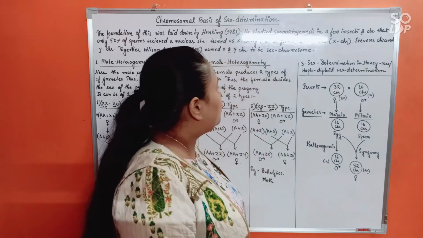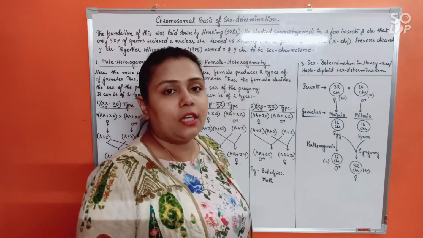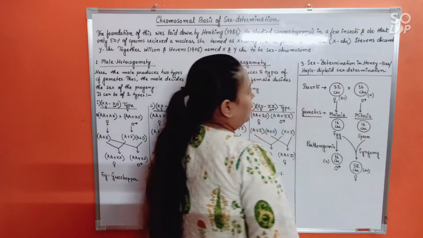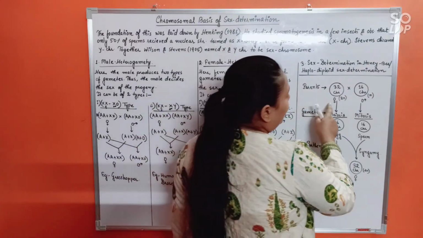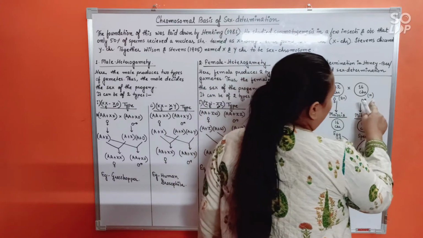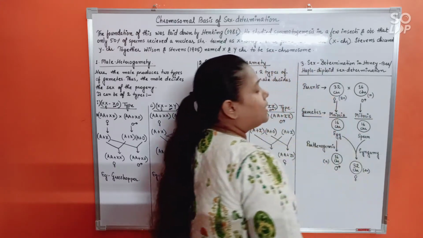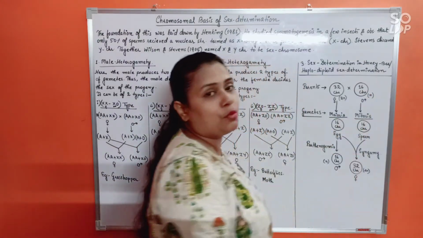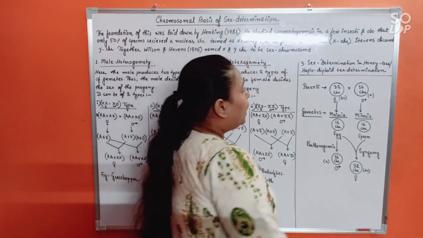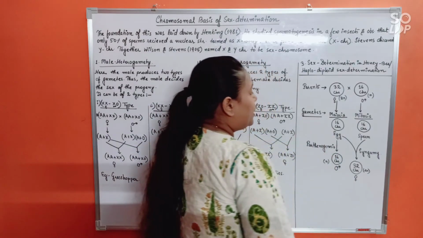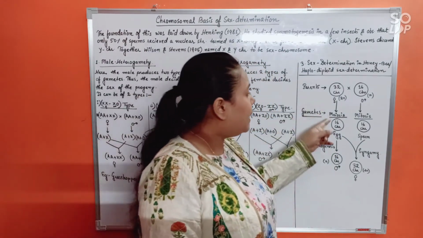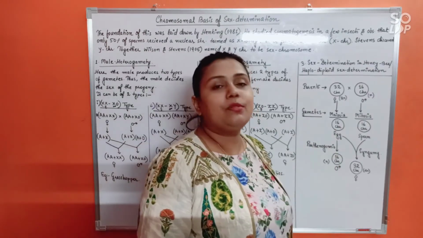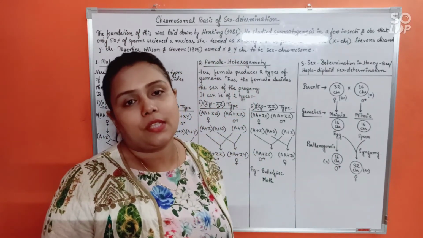Alright. So now see here how sex determination in honeybee actually occurs. So see, the parents here will be as such. The female will be diploid and the male will be haploid. So the female has 32 chromosomes, whereas the male has 16 chromosomes. Alright. Interestingly, when the gametogenesis takes place, the female produces its gamete by meiosis, whereas the male produces its gametes by mitosis.